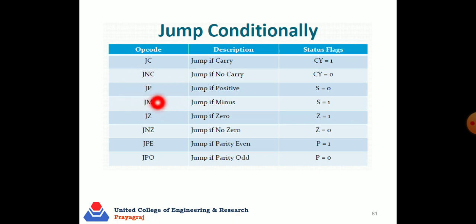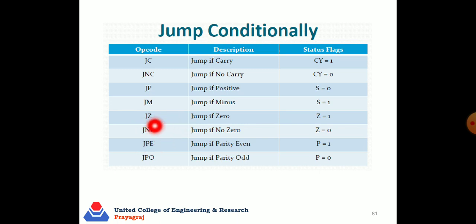JP, jump if positive. Positive means it checks bit number D7, which is the sign flag. If it is 0, then it jumps, otherwise the condition is false. JM, jump if minus, that means the sign flag should be 1. JZ, jump if zero: if the zero flag is 1, then it will jump to the specified location.